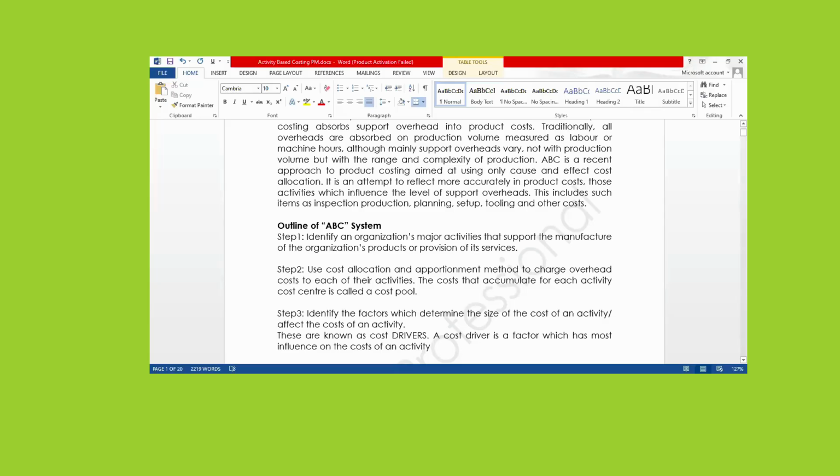Step 1, identify the major activities of the organization that support the manufacture of the company's products.